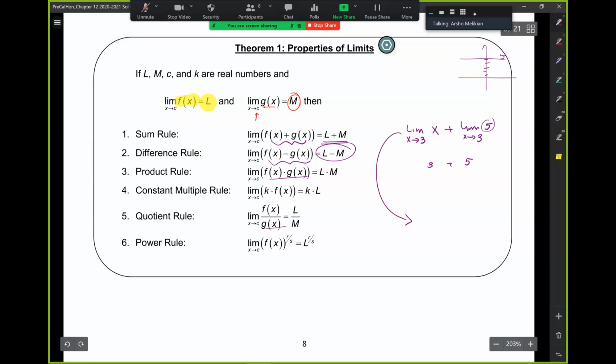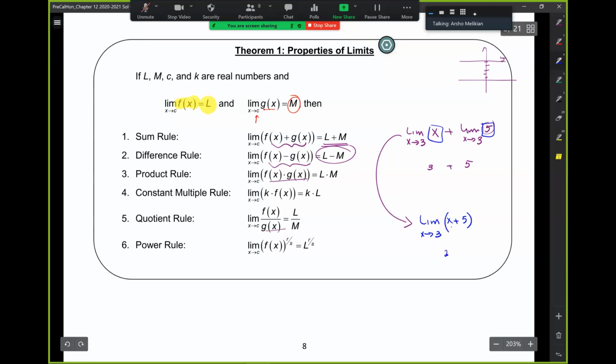Now if I combined it and said the limit as x approaches 3 of x plus 5, it's the same thing. The limit of x is 3. The limit of 5 is 5. You add them and you still get the same number. That's what the properties are talking about. It has to be to the same value, yes.